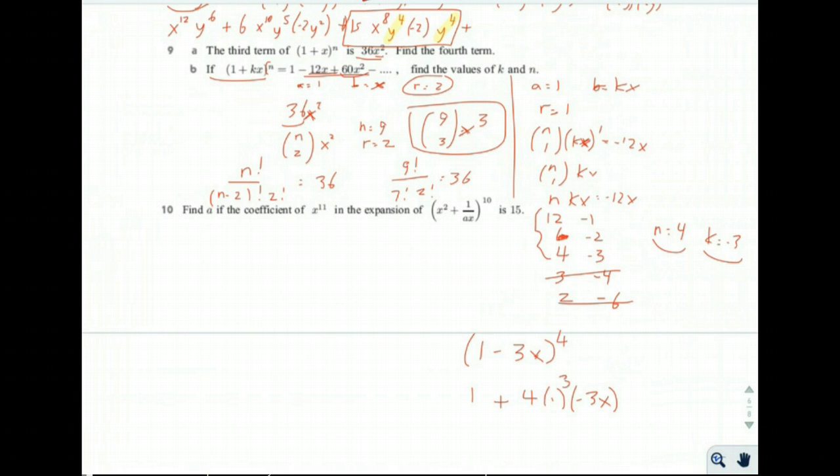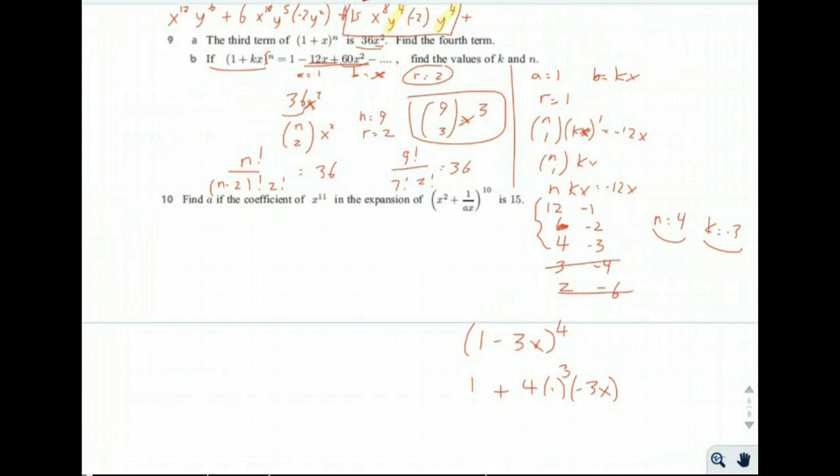And so that would give us negative 12x, right? But what would the next term be? The next term would be 6, 1 squared, negative 3x squared. So that wouldn't give us it, right? It would give us like 54 or something. So no, it's not this one.